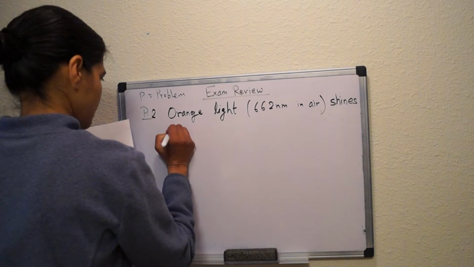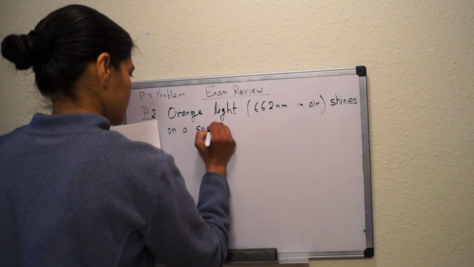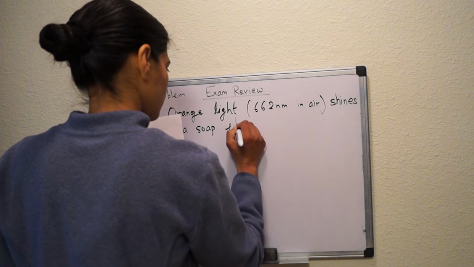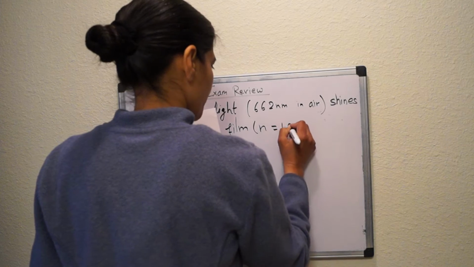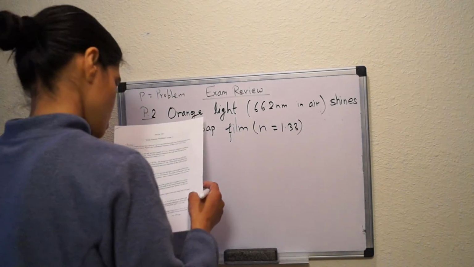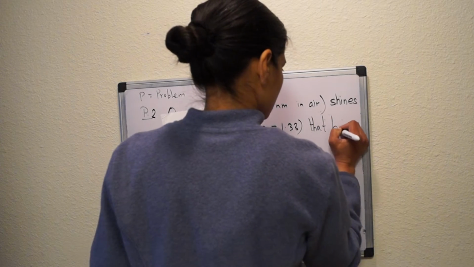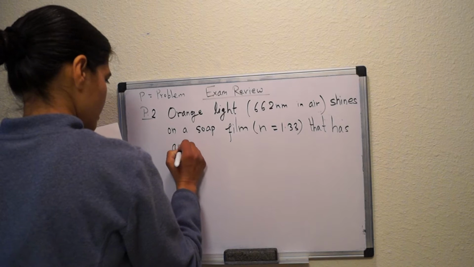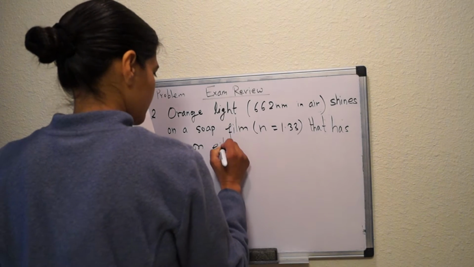Shines on a soap film, n equal to 1.33, that has air on either side.